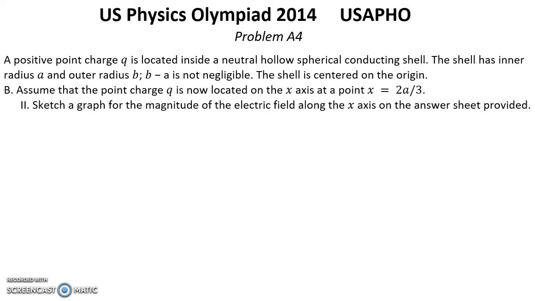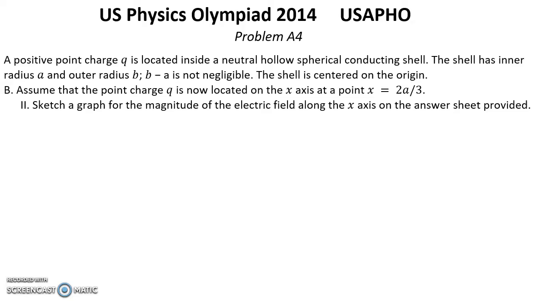But inside the shell, between a and b, we have 0 electric field, and for x less than a we have a more complicated situation, because it depends on the distribution of charge on the inner surface. What is required is that the field diverges at x equal 2a over 3 and is higher at x equal a than at x equal negative a.